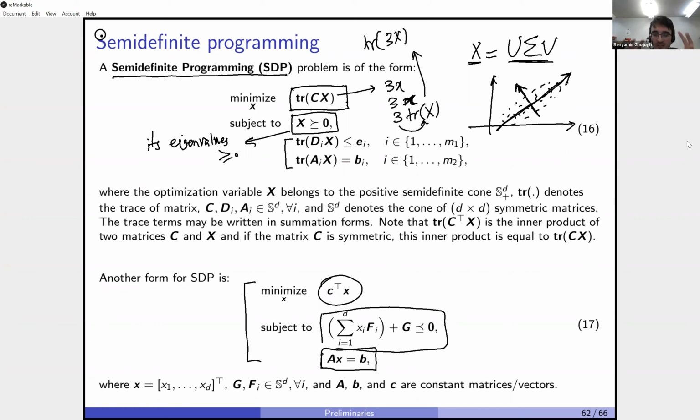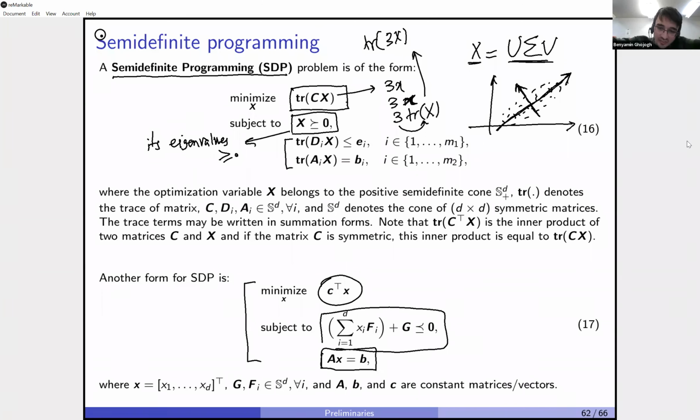It means that you are optimizing for some matrix where the feasible set is the positive semi-definite cone. Do you remember we introduced cone to you? Now we have the positive semi-definite cone, the cone where all of the eigenvalues are non-negative.